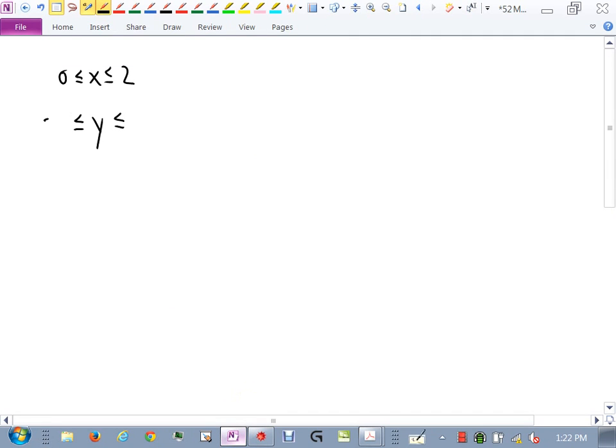So I'll have 2x on the bottom, x squared on the top. So I'm going to go double integral 0 to 2, 2x to x squared. And then now the integrand is the surface, which was x squared plus y squared, dy dx.